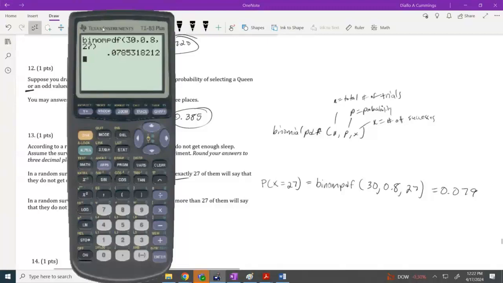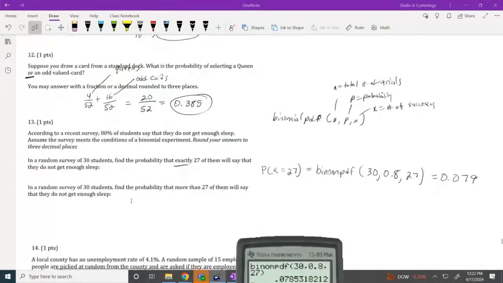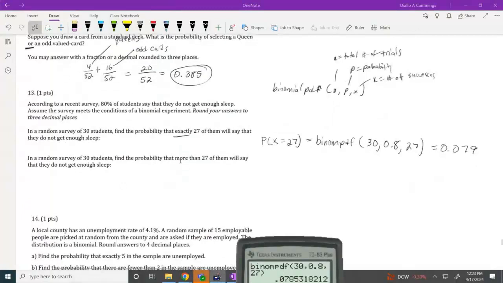All right, the next question says, in a random survey of 30 students, find the probability that more than 27 of them say that they don't get enough sleep. I'm going to write this out in inequality form.